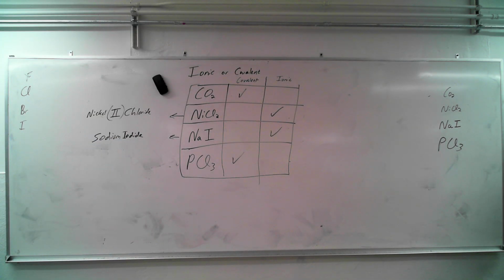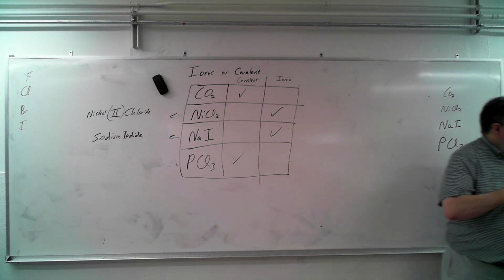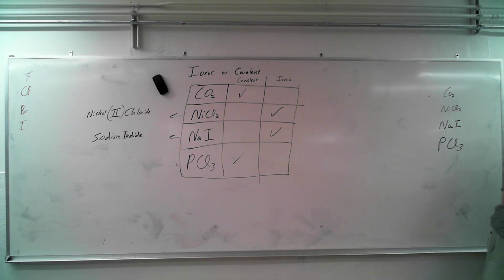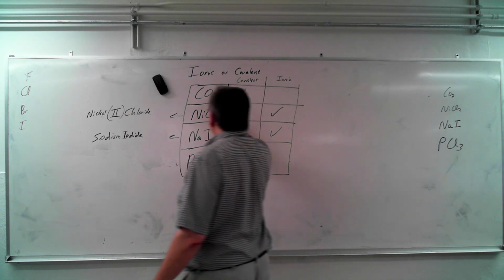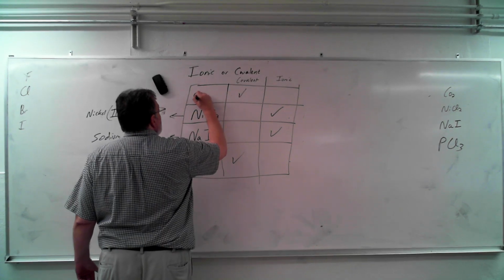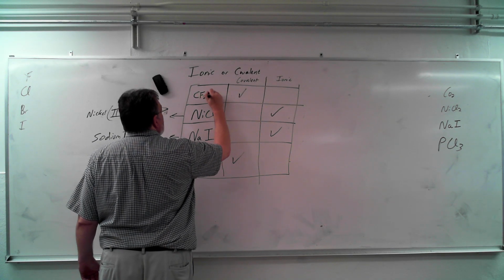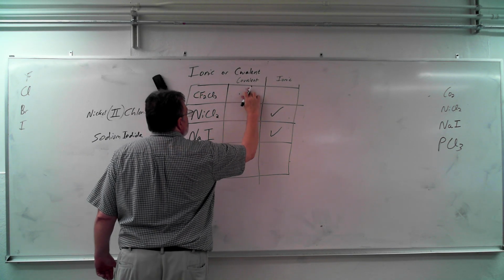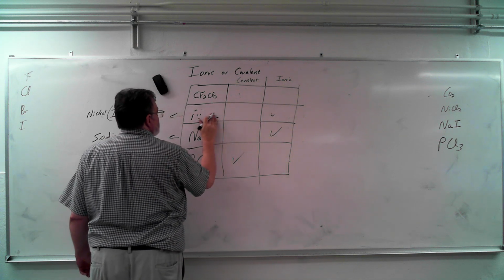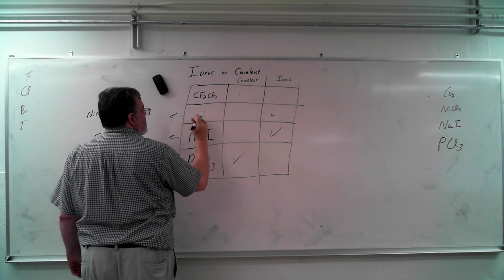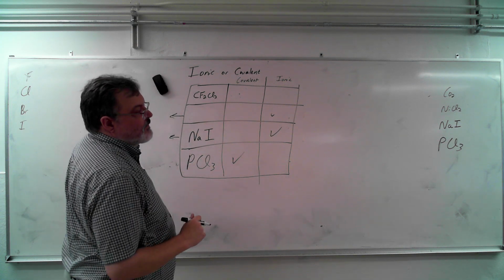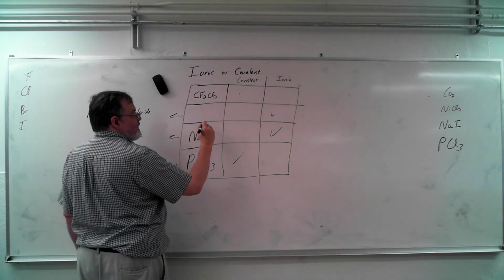So you could do 29, it's just like this. No, I did 29, whoops. Okay, I'll go ahead and do 30 now. CF2Cl2. Y'all read those to me. What's the next one?